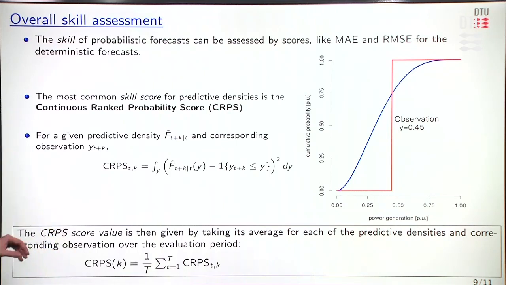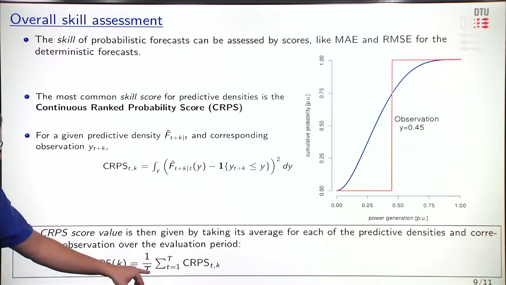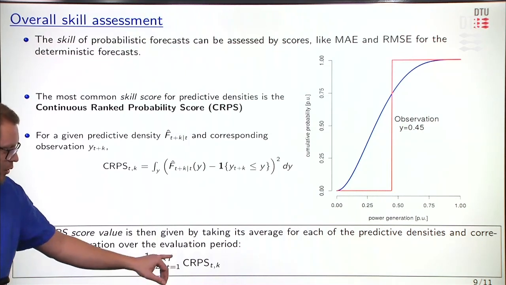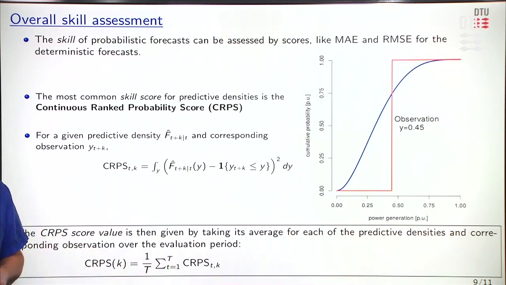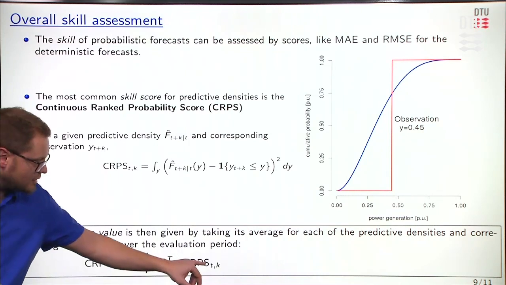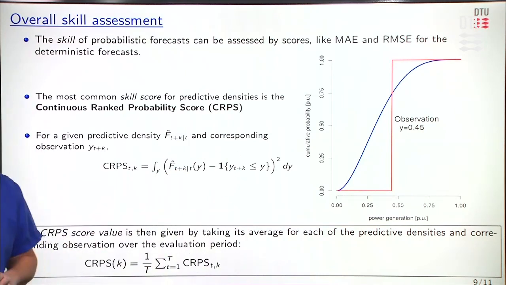So eventually the CRPS score value is given by taking the average over all the predictive densities and corresponding observations over the evaluation period. And as we did before, we calculate the CRPS for different lead times, so as the average over all the times we have in our evaluation set of the CRPS values that we calculate based on these distances.